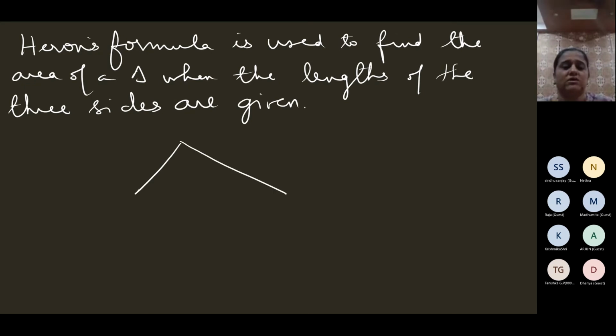So if you have a triangle where this is 9 centimeters, this is 11, this is 13, we cannot use the formula half base into height, because we know three bases here, but we don't know the altitude on any base. Then we cannot find its area using the formula half base into height.